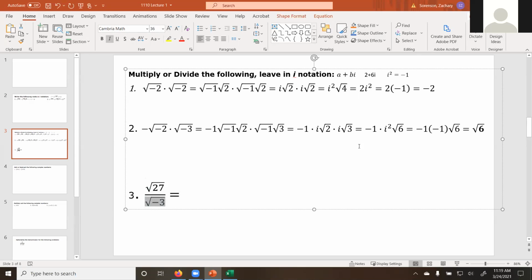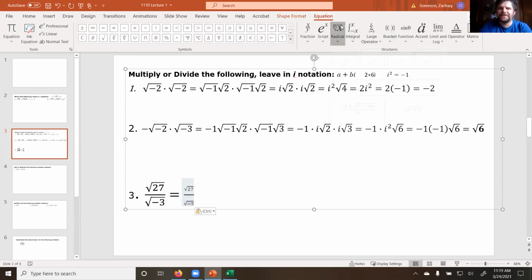So would you change it into root 27 divided by root -1 times root 3, or negative root 3? Yeah, I don't even know what I'm saying. I think I get what you're saying, though.